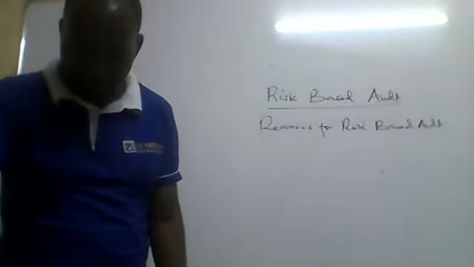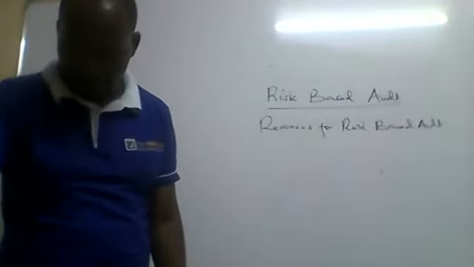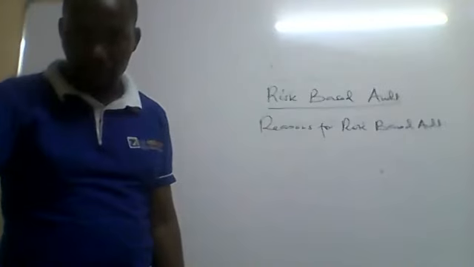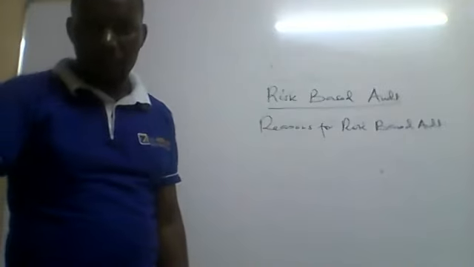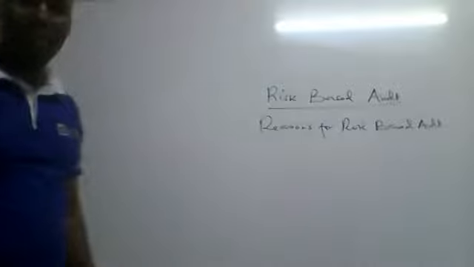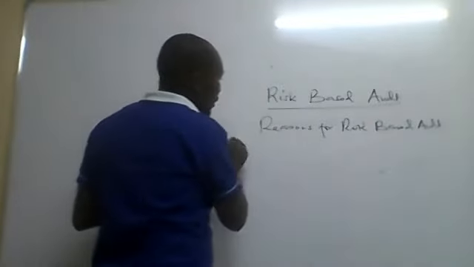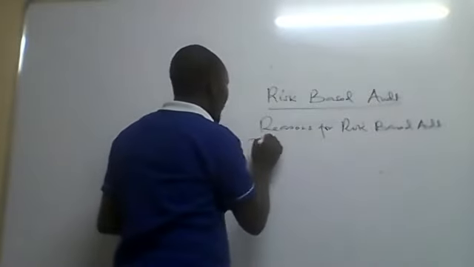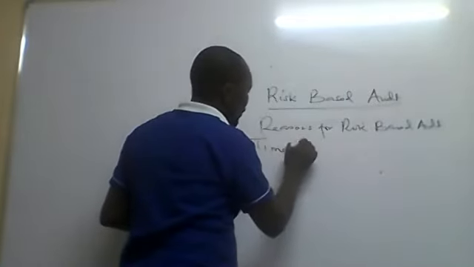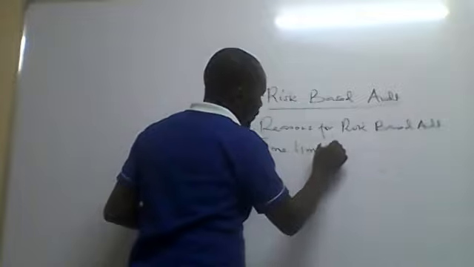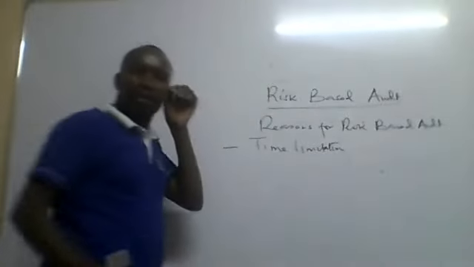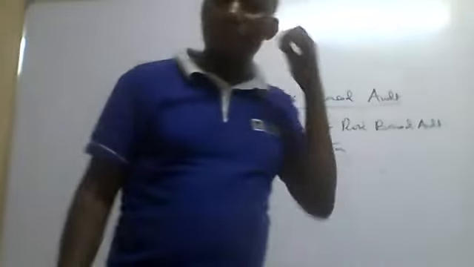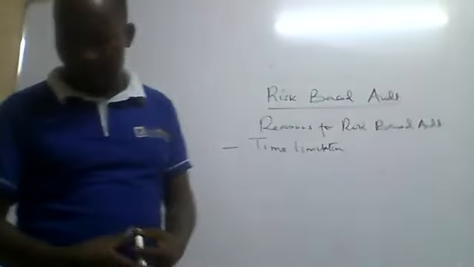Can somebody tell me? Because of time limit, we don't have enough time, so we want to save time by focusing on areas of high risk. Time limitation. Still, you only have 3 days. You're not there forever. So time limitation.